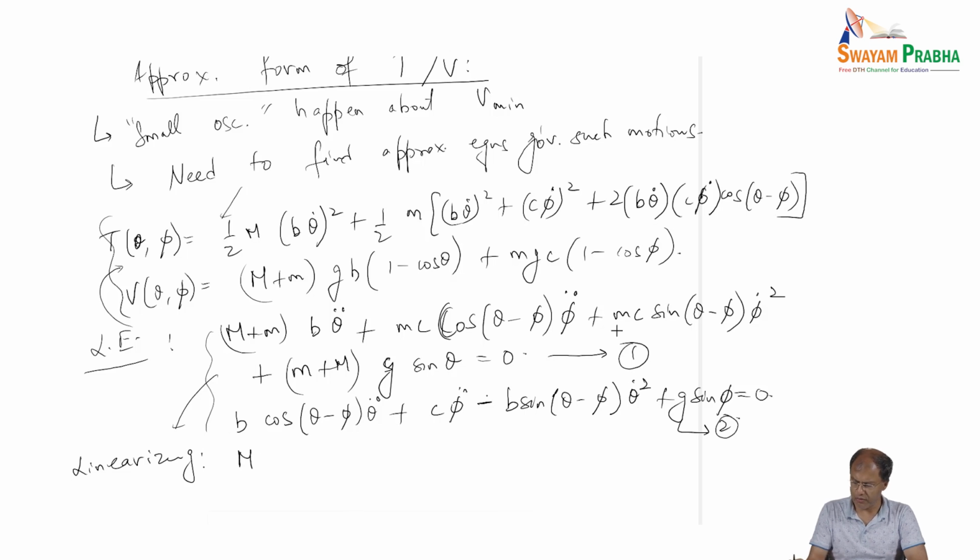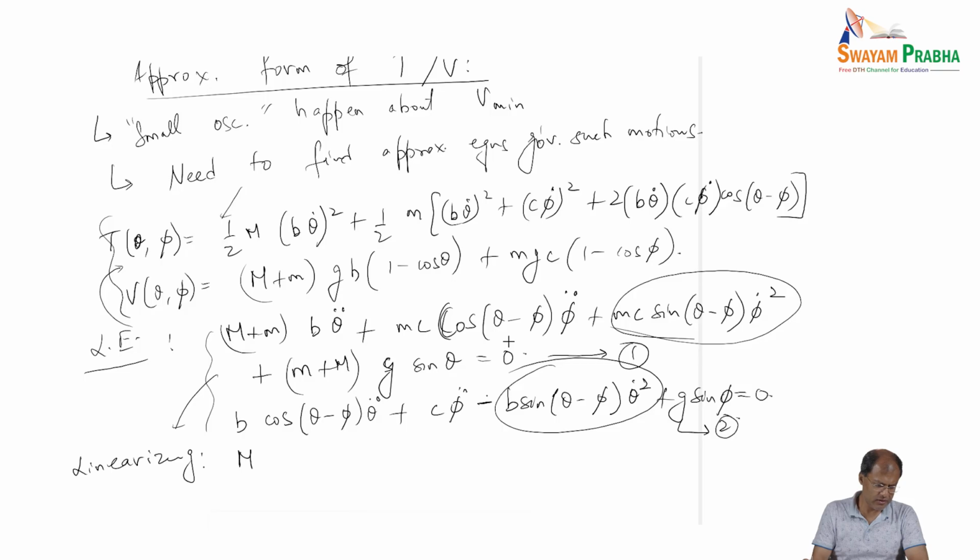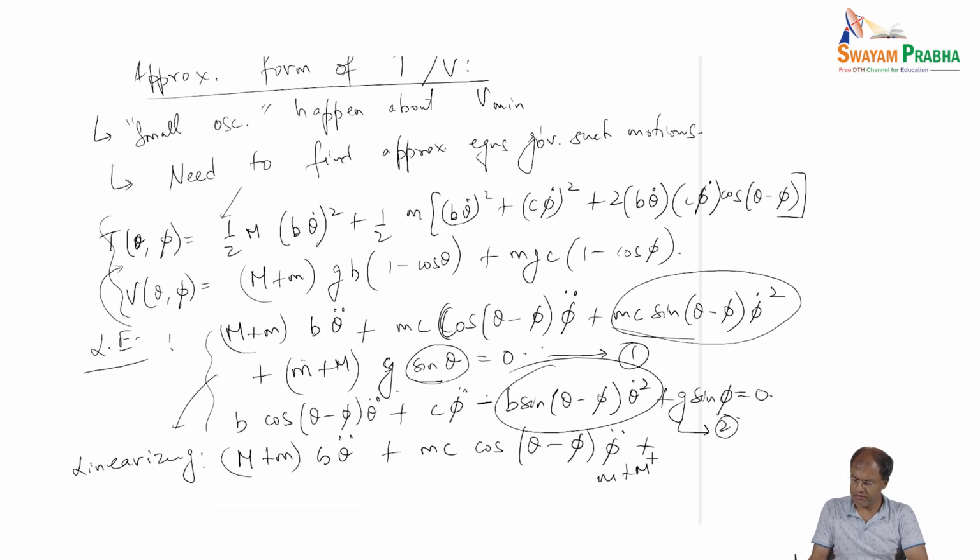We drop terms like phi dot square or theta dot square, and we get the linearized terms, which are these three terms. And of course, there is another non-linear term sitting here, sin theta. So what we get is M plus m B theta double dot plus m C cos of theta minus phi times phi double dot plus M plus m times G theta is equal to 0.